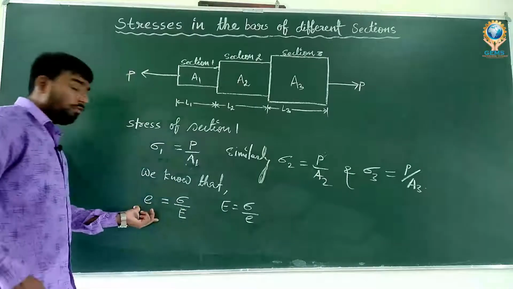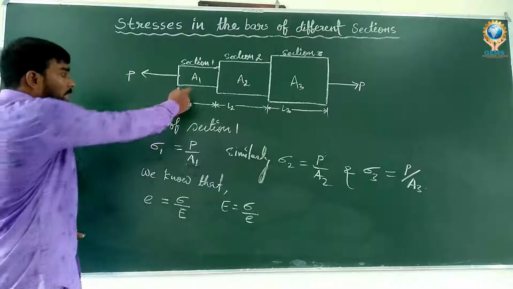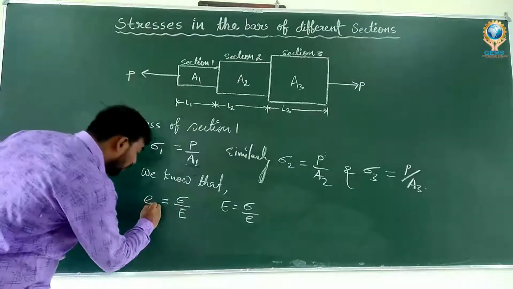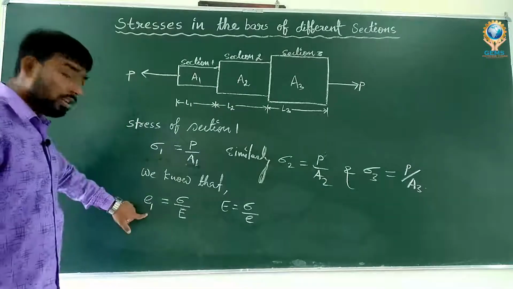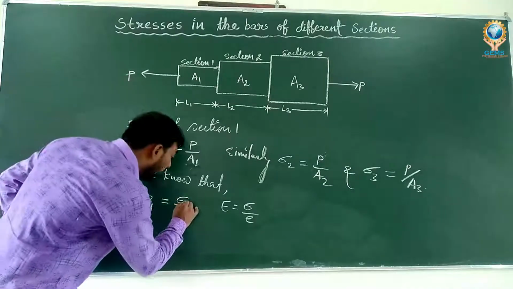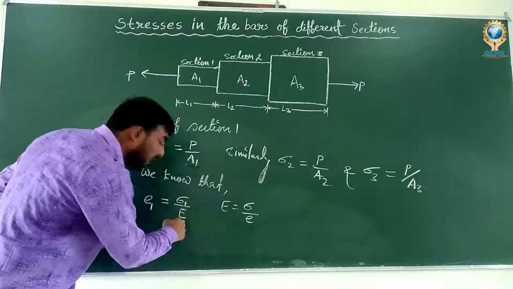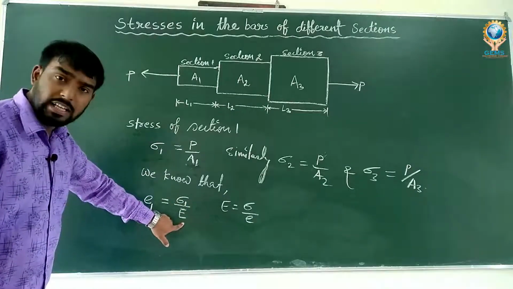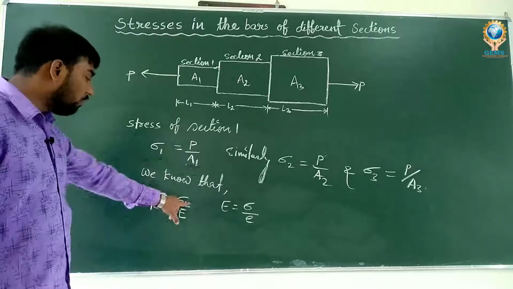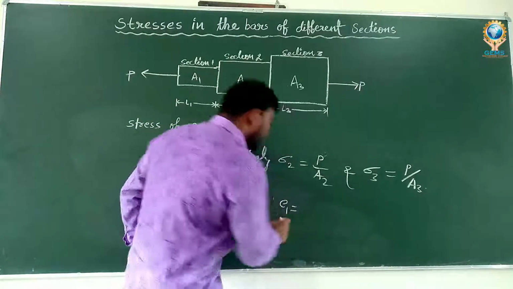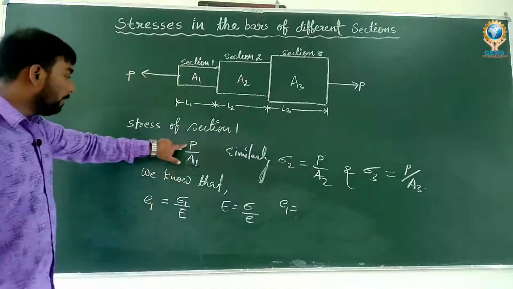So how will we find the strain for a particular section, section 1? The strain for section 1, E1, is equal to sigma 1 divided by E. We know the sigma 1 value also. What is the sigma 1 value? P by A1.